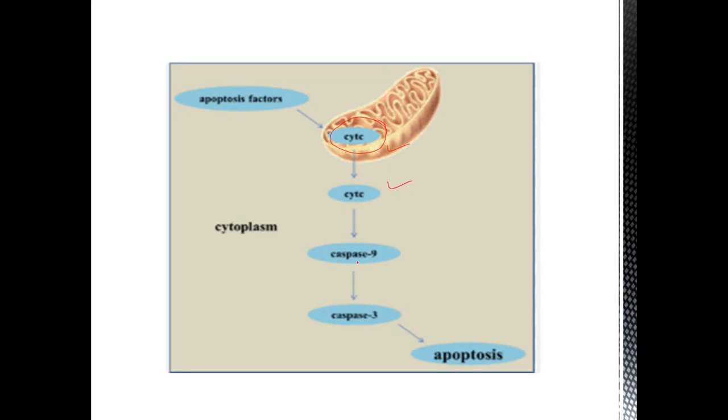Then caspase 9, another enzyme. Then the signal goes to caspase 3, and caspase 3 orders cell death or apoptosis. The apoptotic factor is cytochrome C. Okay, I hope it is clear. Thank you.